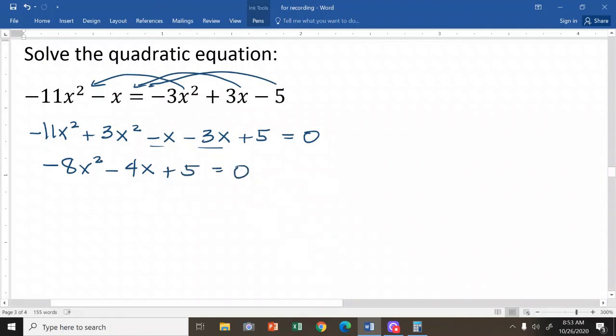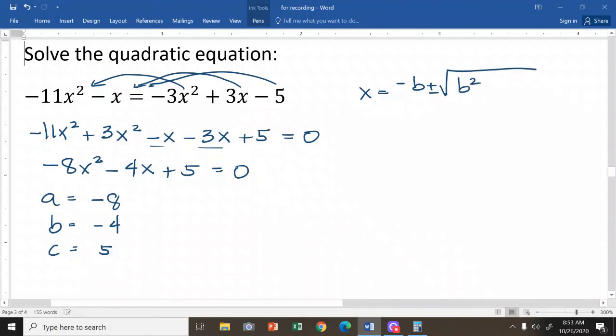Okay, so identify na natin ang values ng A, B, and C. So, ang A natin is negative 8, ang B natin is negative 4, and yung C natin is positive 5. Okay, so, gagamitin ngayon natin yung ating quadratic formula. So, meron tayong x is equal to negative B plus minus square root of b squared minus 4ac over 2a.